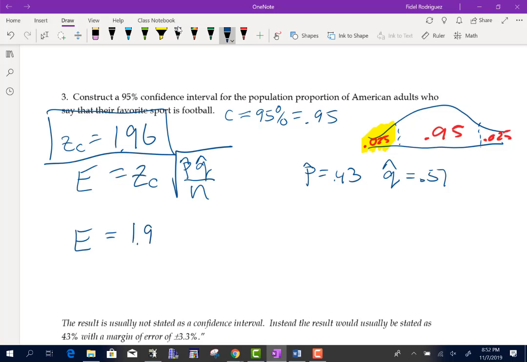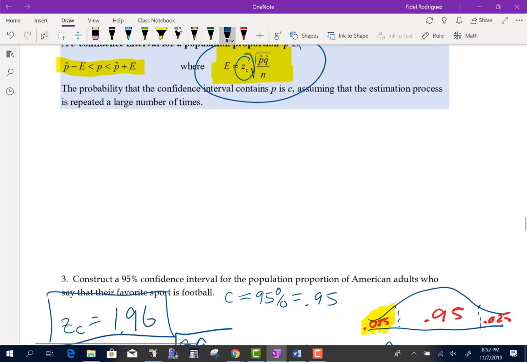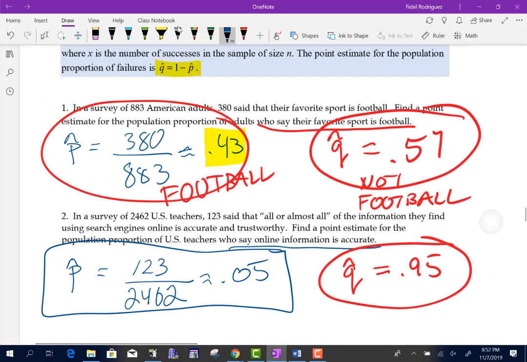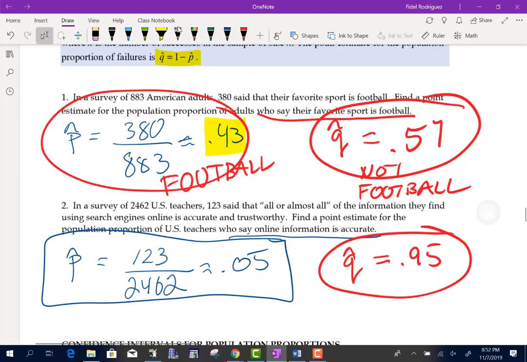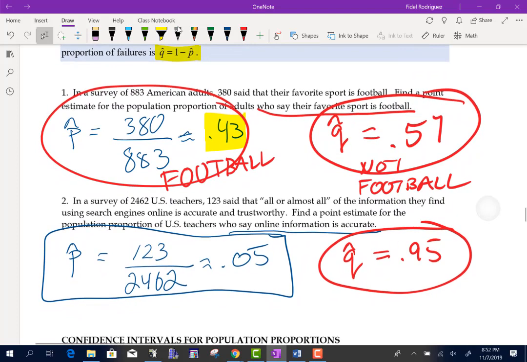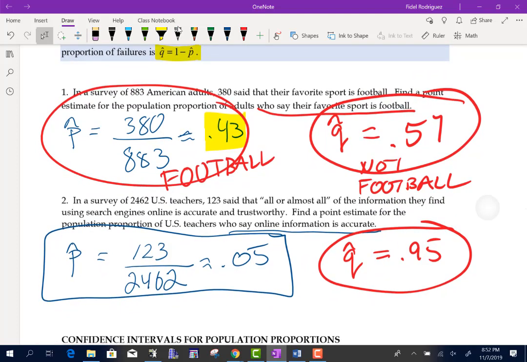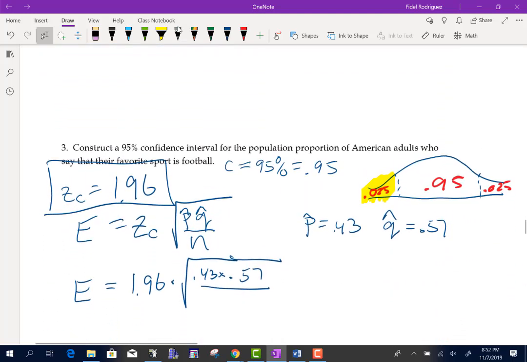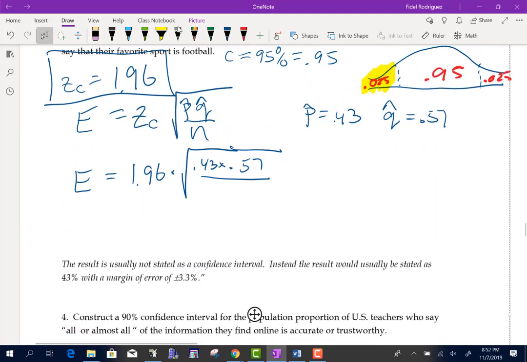We're going to take 1.96 times the square root of 0.43 times 0.57, all divided by, what was our n? 883, right? Because how many people did we ask? We asked 883 of them. So for problem number 3, our n should be 883. That's how many people were surveyed.